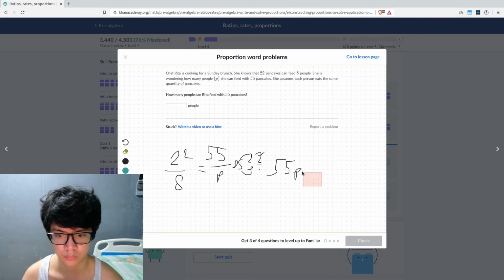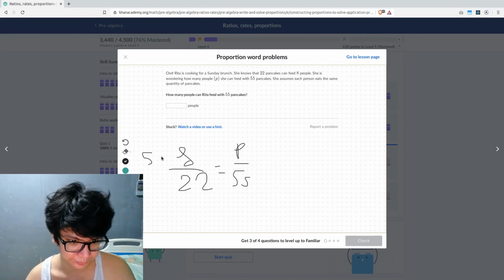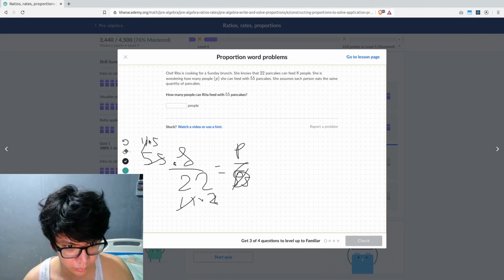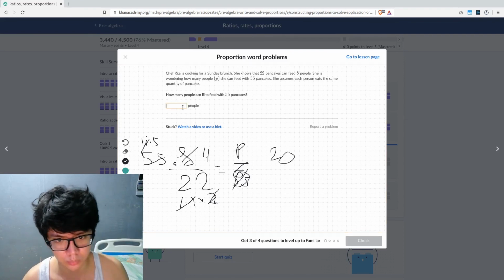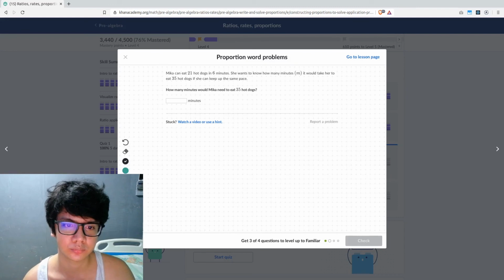Let's reverse it, make it easier, so we have 8. Oh wow, we already solved for this one. It's 110, right?